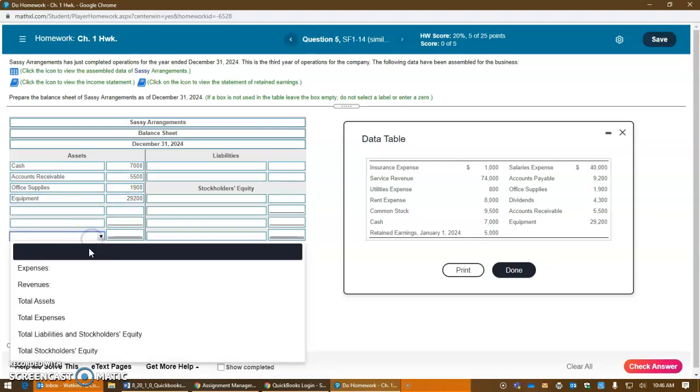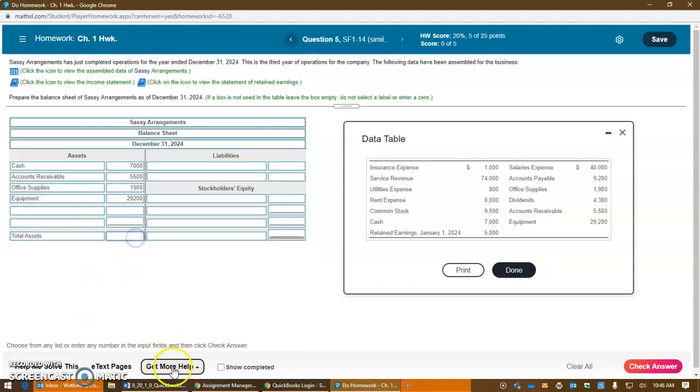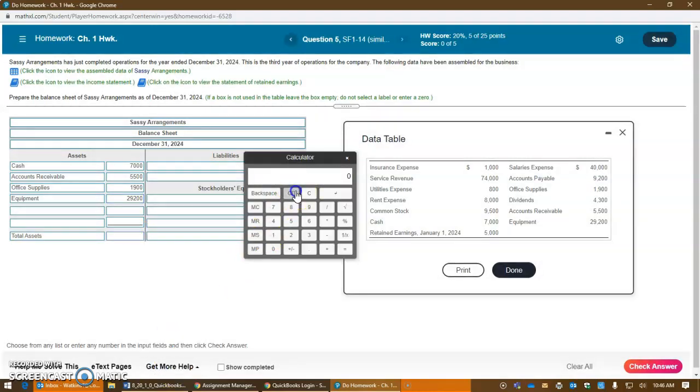And then a grand total assets, and let's calculate that. 7,000, 5,500. So our total is 43,600.